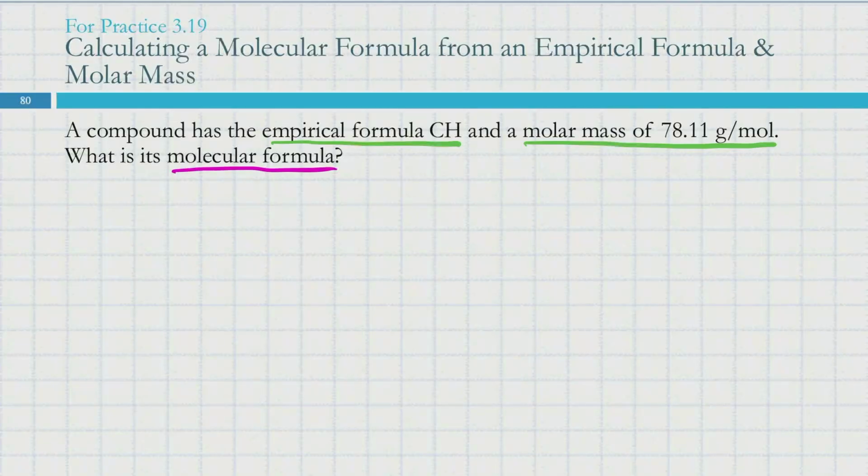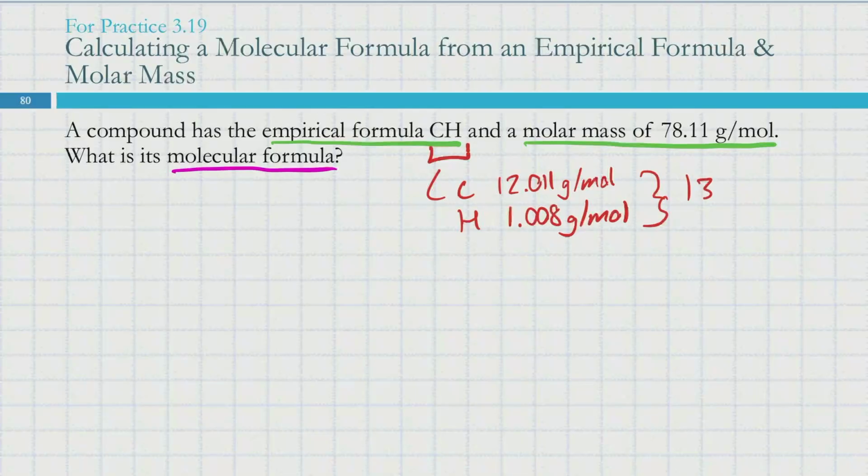We need to figure out how many times does CH, which is our simplest ratio of our elements, fit into 78.11 grams per mole? So we have to figure out what's the empirical formula molar mass. It's 13.019 grams per mole.